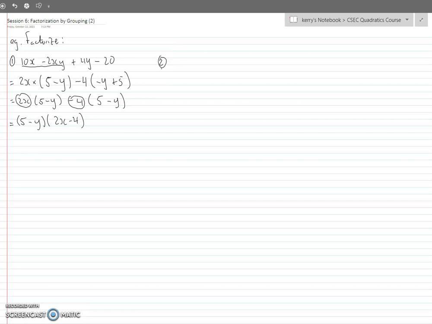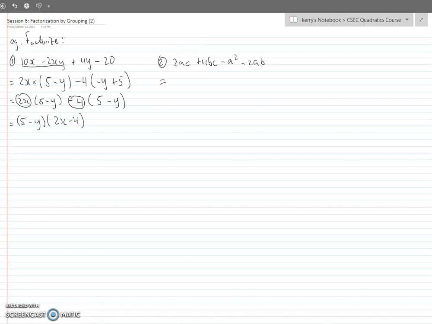Another question. Let's say that we have 2ac plus 4bc minus a squared minus 2ab. Now again, you try to take note of what could pair off.